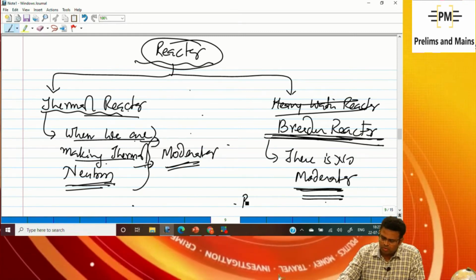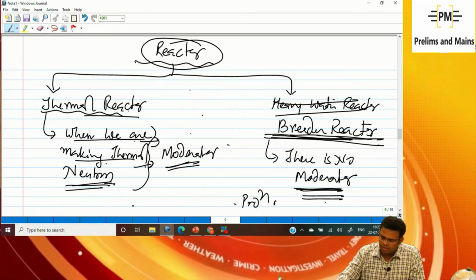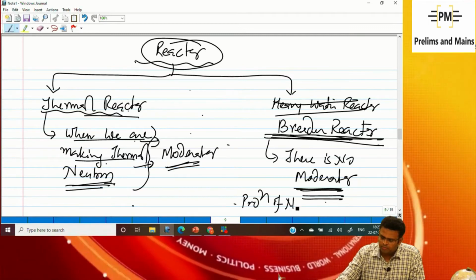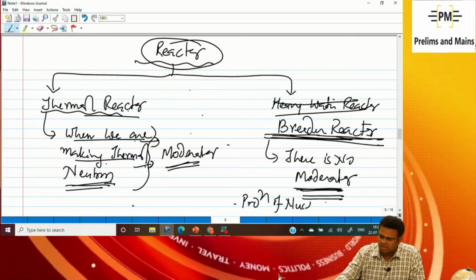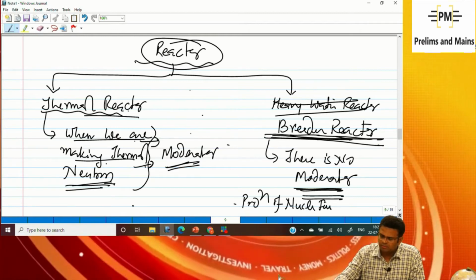Production of nuclear fuel is greater than consumption.